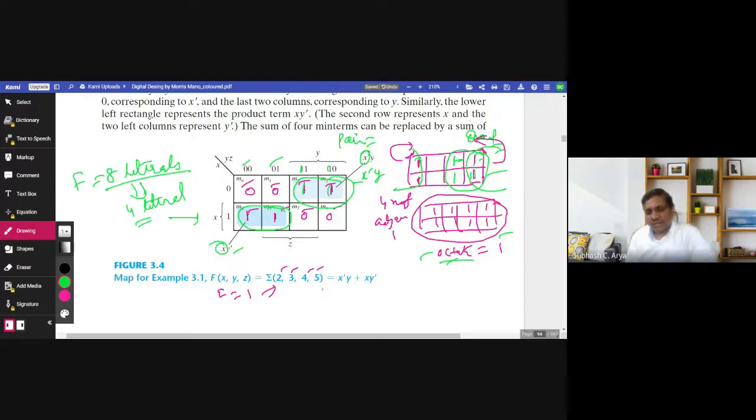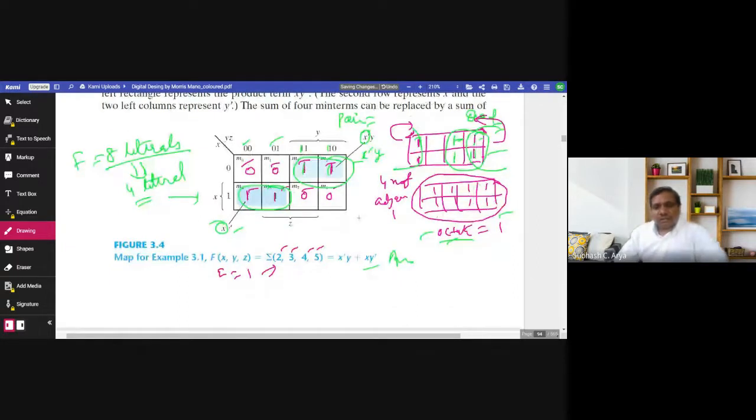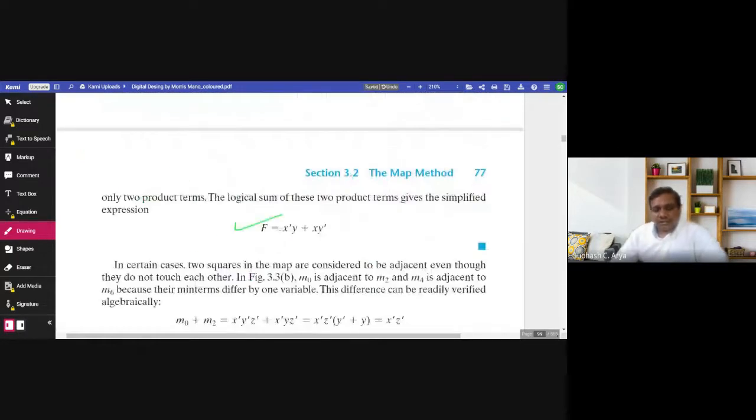For the answer we can write here x bar y, that is the first one, and second one x y bar. So this is how, with the help of the Karnaugh map, we can minimize a given function. That is, f(x,y,z) = Σ(2, 3, 4, 5), and the minimized answer is x bar y + x y bar, which is written here.